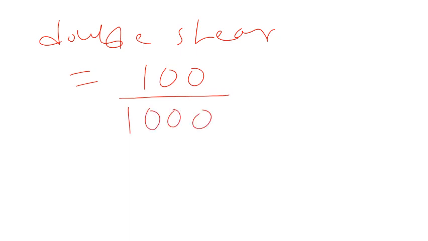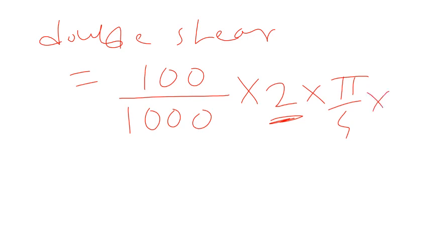Again go to the chapter on fasteners, that is the only suggestion from me. So the shear strength is 100. Again to make it in kilonewton, divided by 1000, and double shear means 2 times the area of rivets, that is pi by 4 into 21.5 squared.